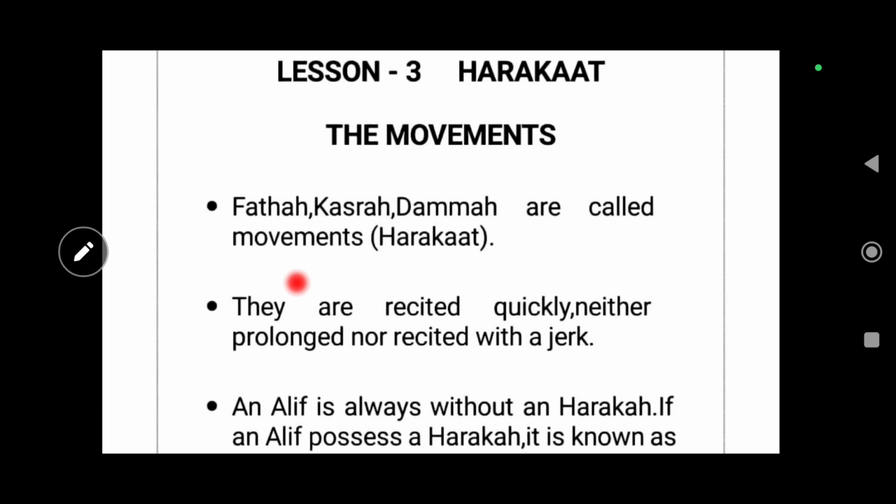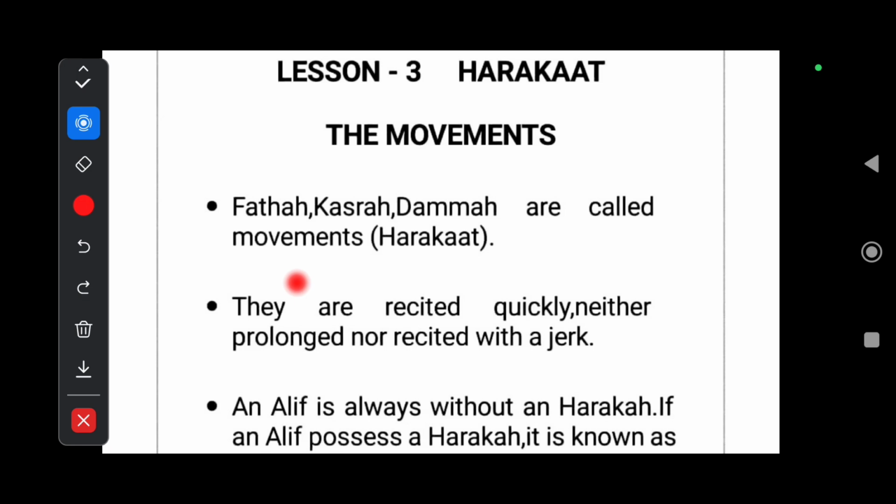And Harakat are recited quickly, neither prolonged nor recited with a jerk, like ba, zabar, ba. If you say ba, zabar, ba, is it correct or wrong? No, it's wrong, because the harakat, zabar, zair, pesh should be recited quickly.